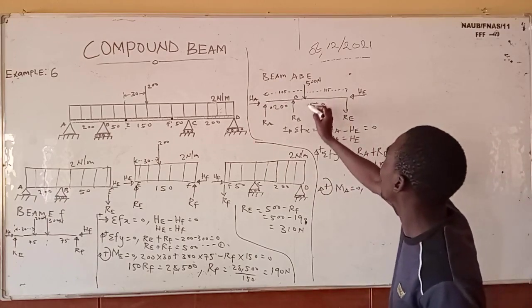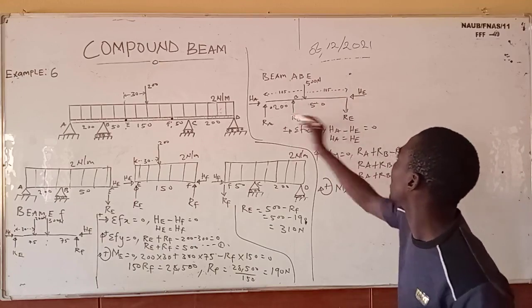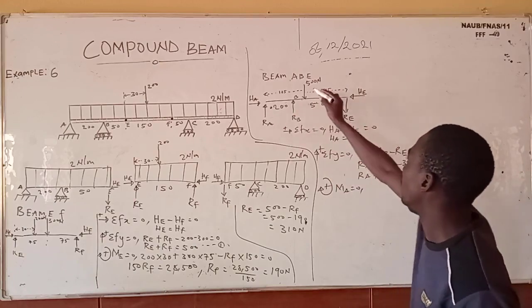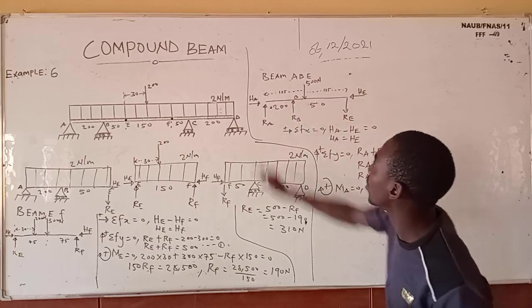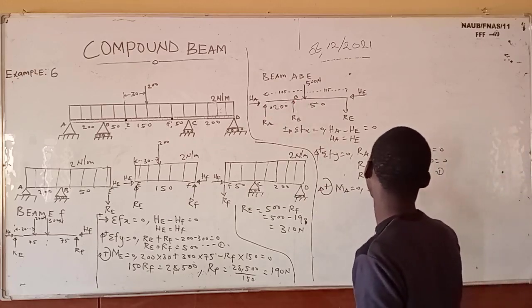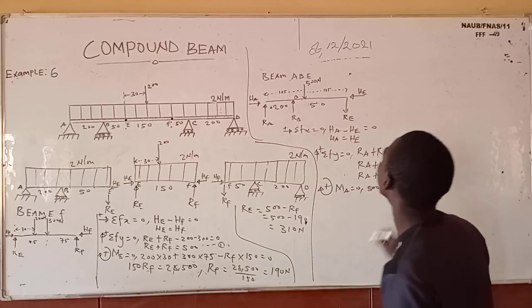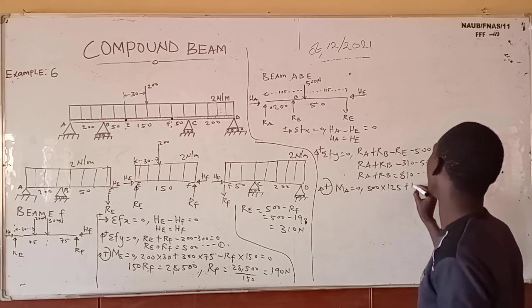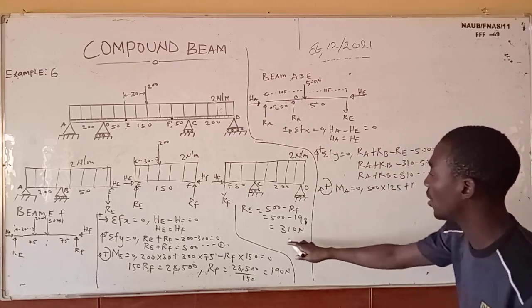And I have two downward forces here, 500 and arrow E. This 500 is covering a distance of 125. So it's going to be 500 times 125, plus arrow E, and arrow E is nothing but 310.